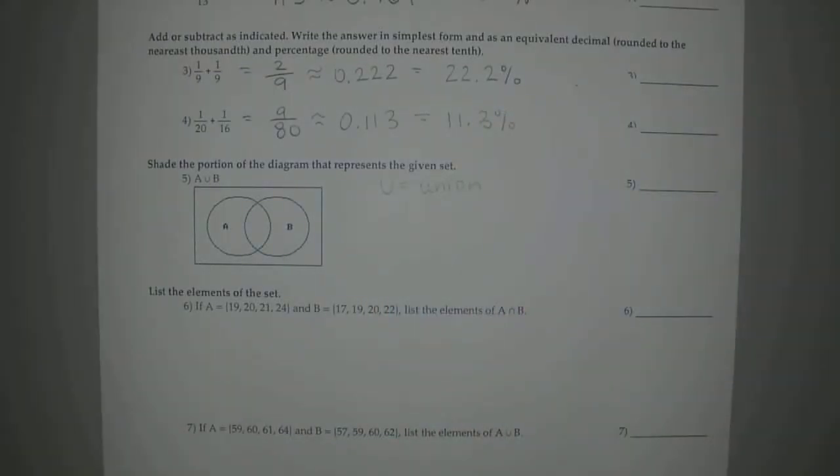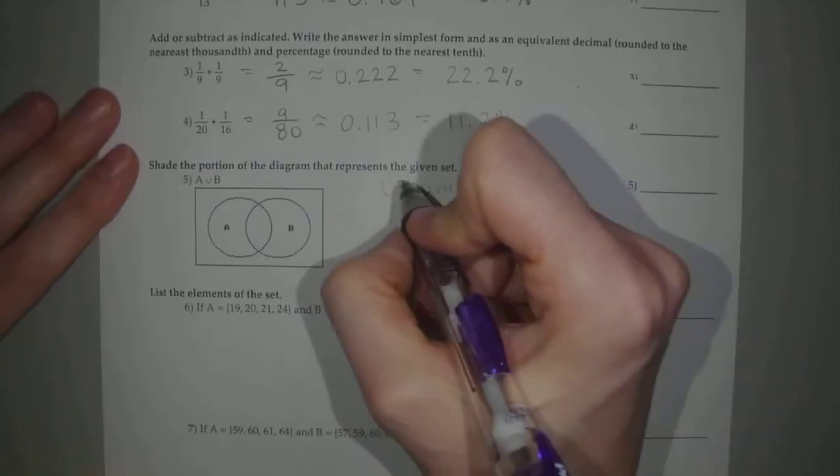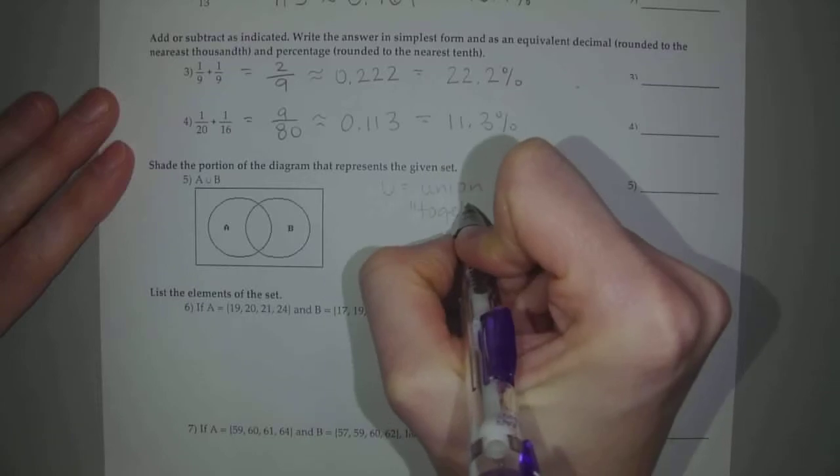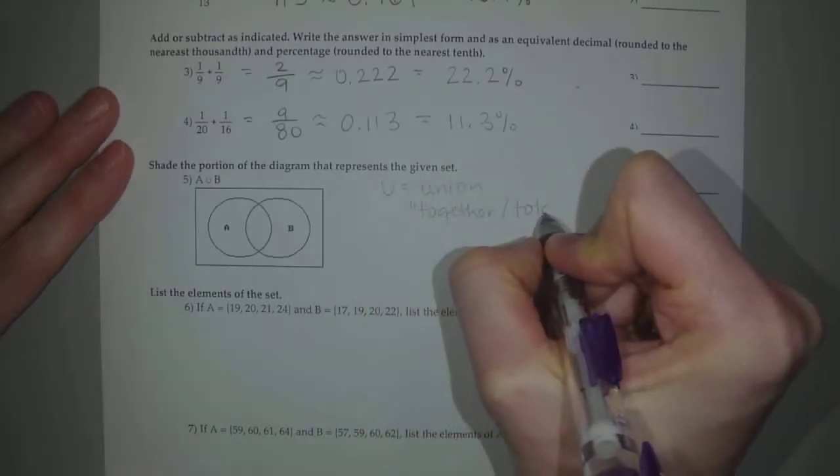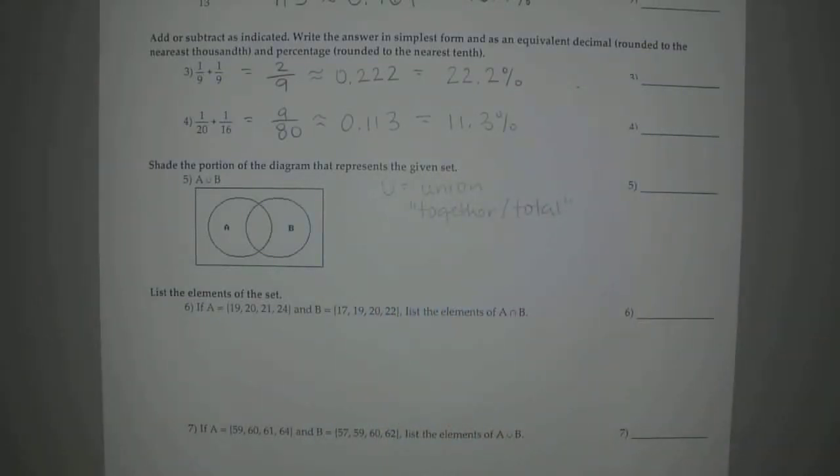And union means what's in both sets, A plus B, or A or B technically. So it's like together or total, okay? So anytime you see the union, you want to know, okay, what do we have all together? Or what do we have total in these sets?